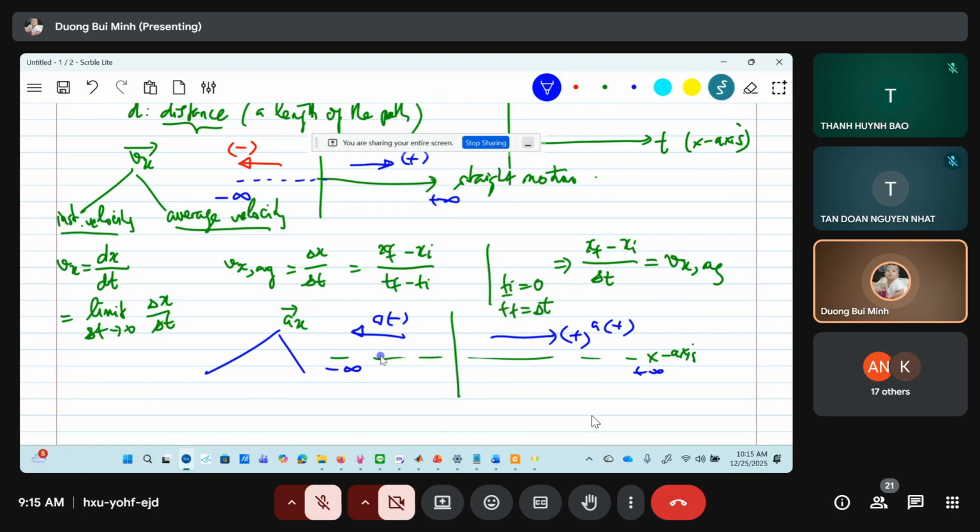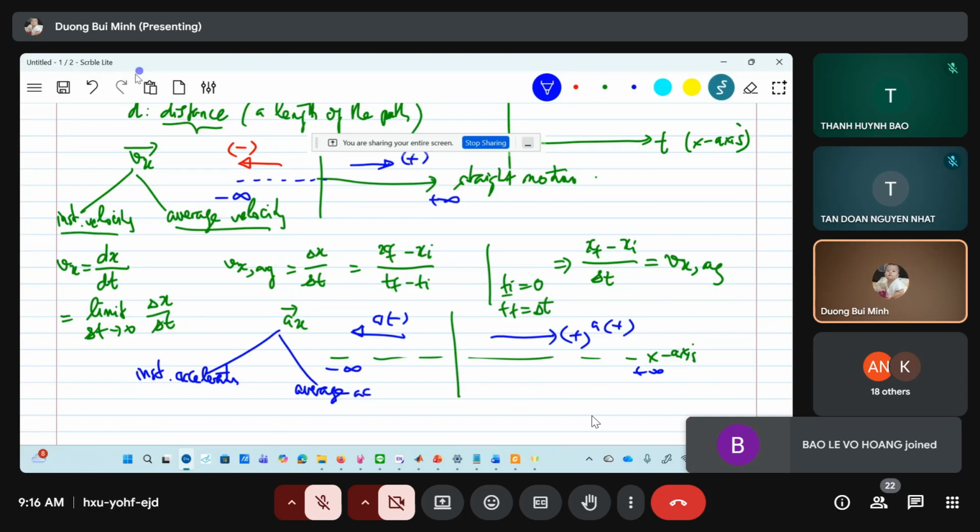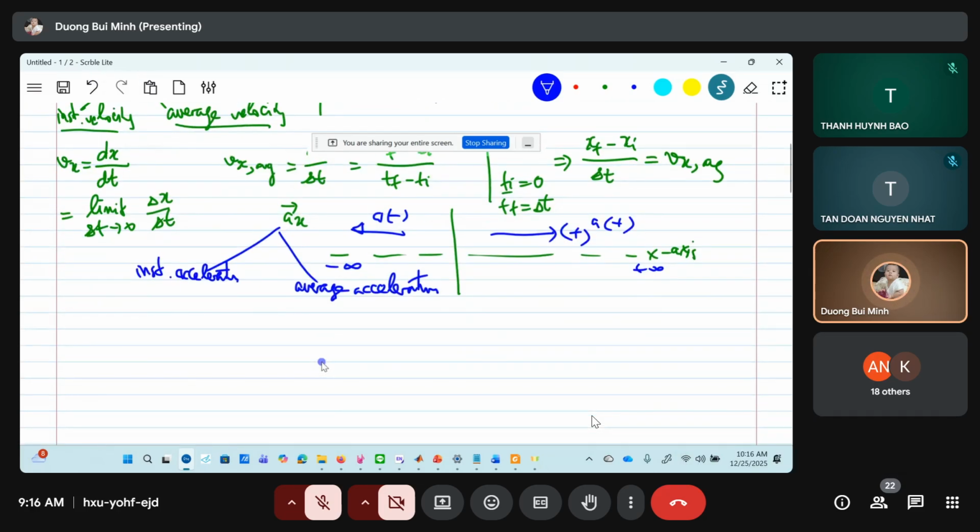We also have instantaneous acceleration and average acceleration. To calculate the instantaneous acceleration, we have ax equals dvx over dt, or we can calculate by the limit as delta t approaches 0 of delta v over delta t.